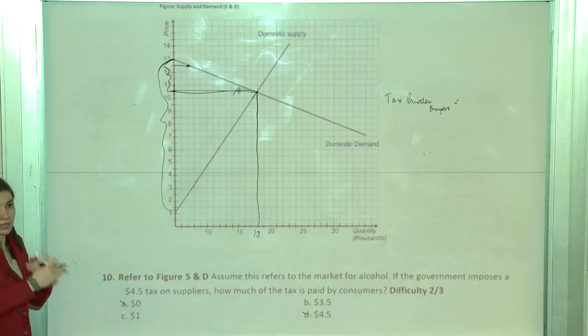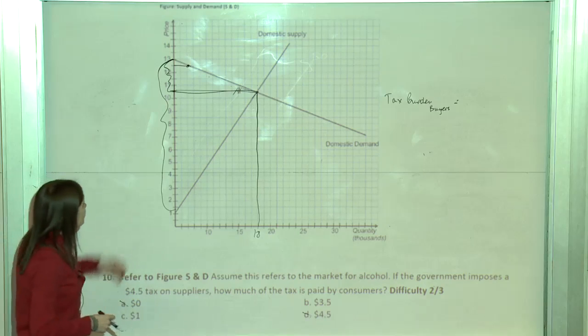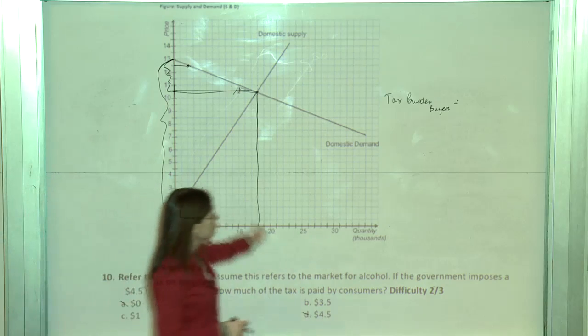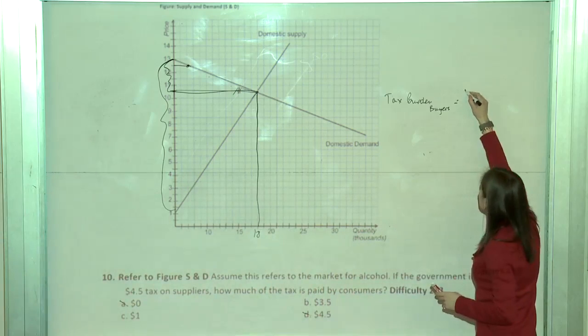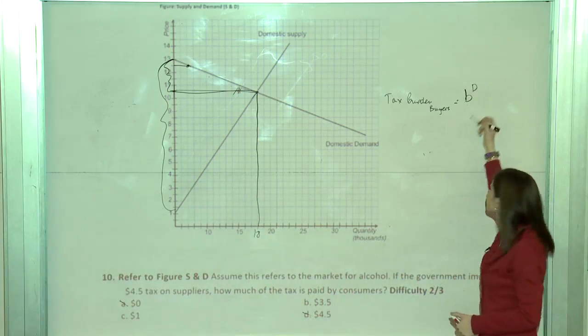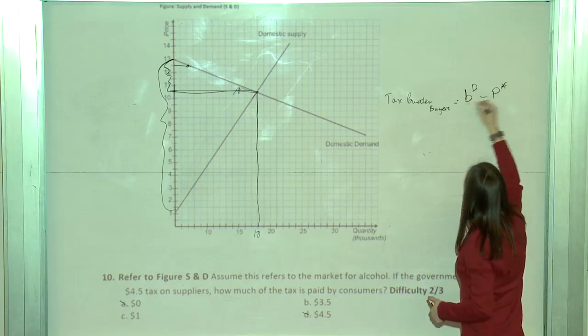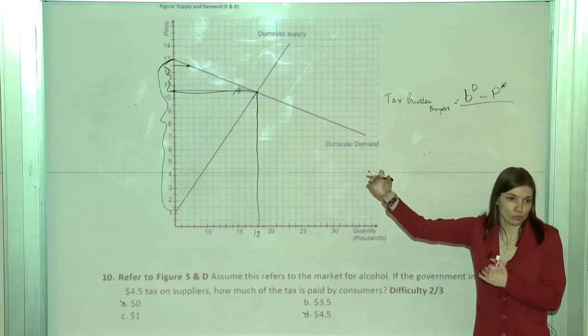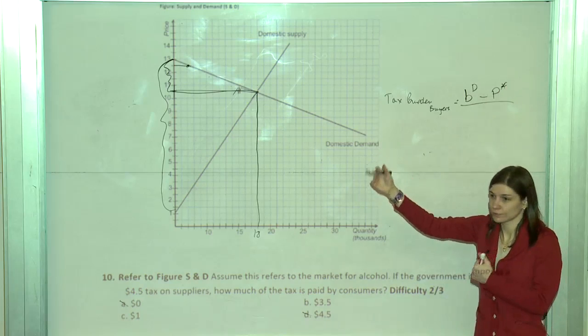Right? They're always going to split it in such a way. As a formula, then we're going to have basically the difference between the demand intercept and the equilibrium price divided by the difference between the two intercepts. Right?